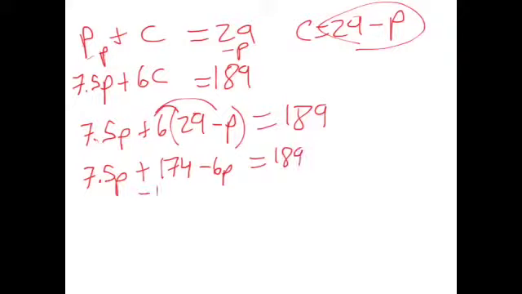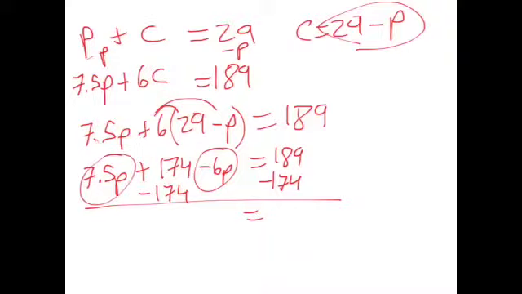Now let's just subtract the 174 from both sides, and while we're at it, let's combine like terms here. 7.5 and negative 6 are going to combine to give us 1.5p. On the right side, we're going to have 15.